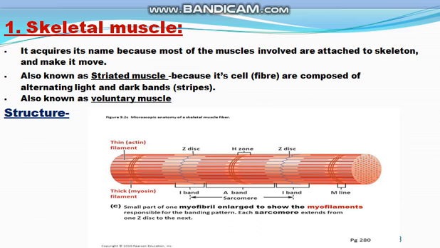So skeletal muscle is also known as striated muscle, and it can also be called voluntary muscle. This is a diagram showing the structure of the skeletal muscle, and it shows the alternate dark and light bands: dark band, light band, dark band, light band, and then again dark band. We shall study its structure in detail in the coming slides.